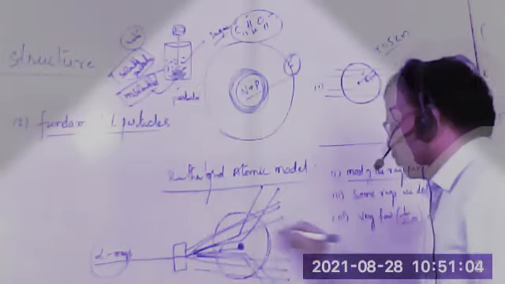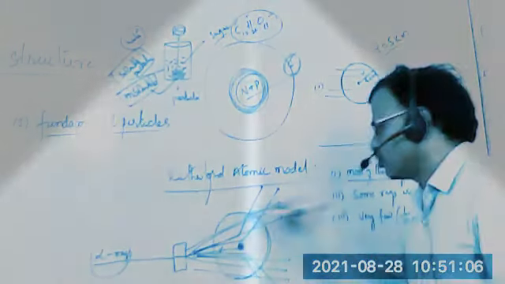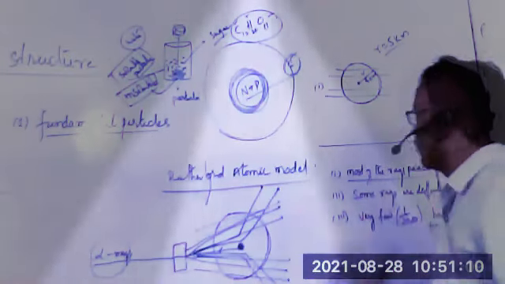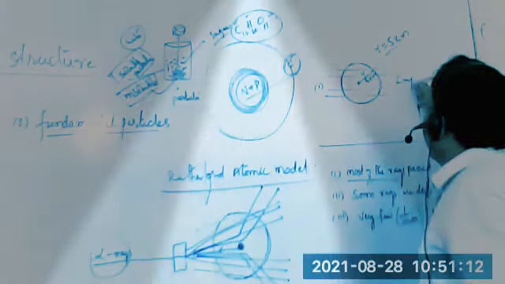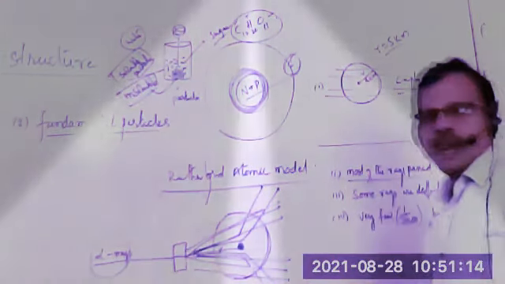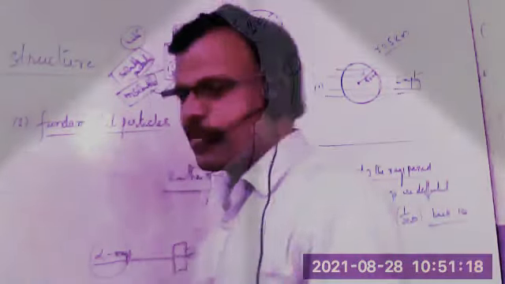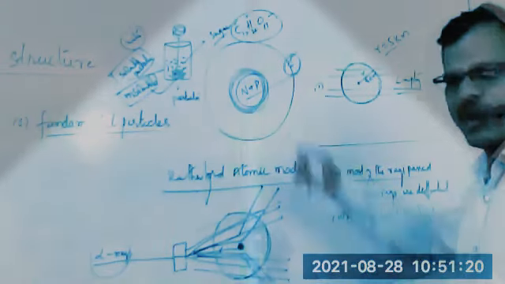Therefore, most of the rays pass through because of empty space. That is the first point. Most of the atom is empty, therefore most of the alpha rays pass through.